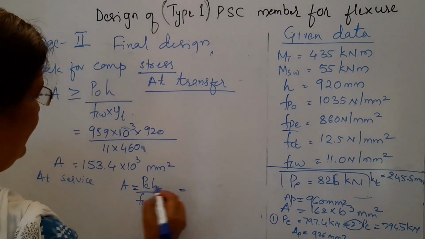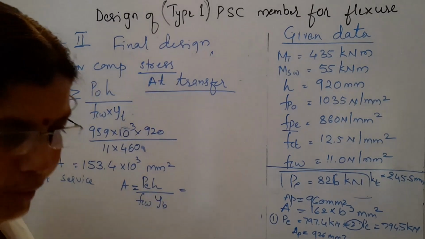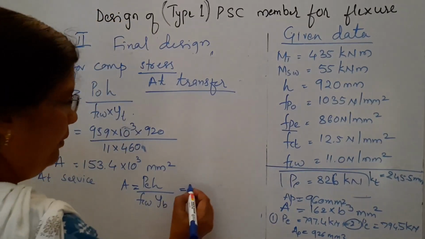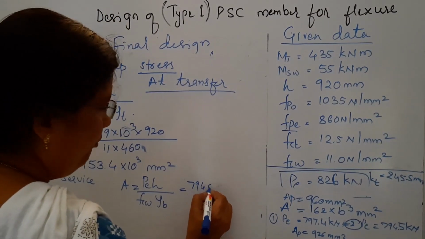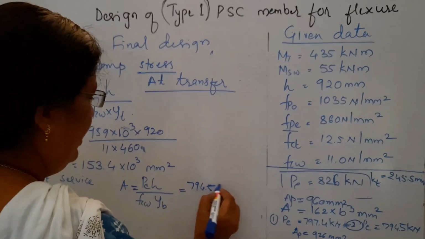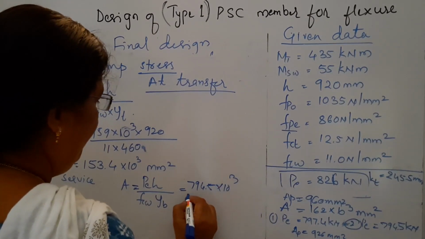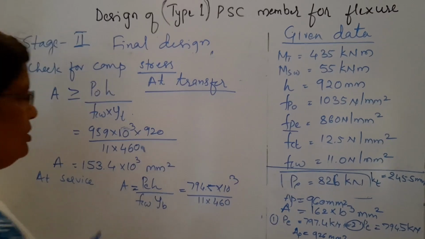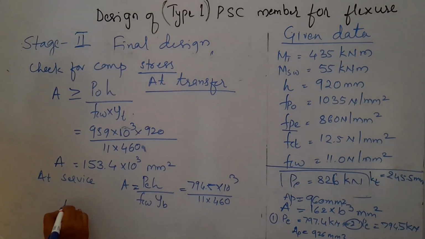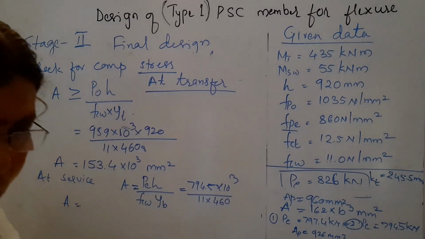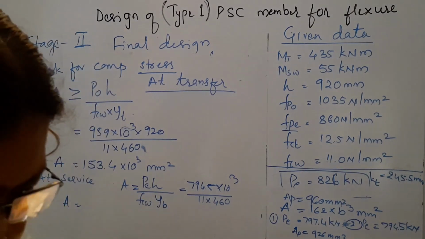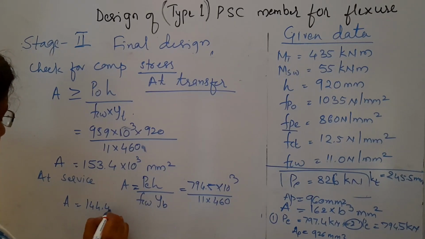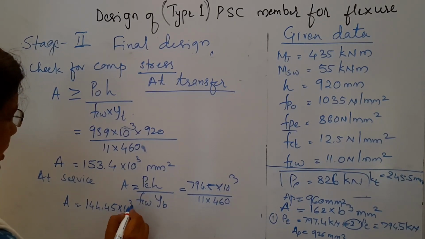Therefore PE is the new value we have calculated, 794.5 into 10 raised to 3, divided by 11 into 460. YB and YT are the same because it is geometrical. This A is equal to 144.45 into 10 raised to 3 square millimeter.